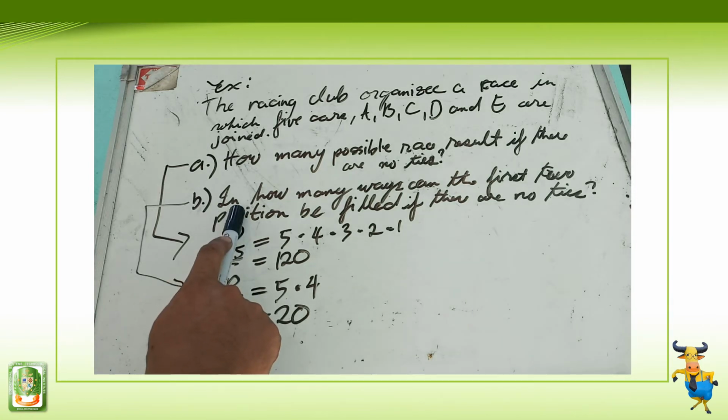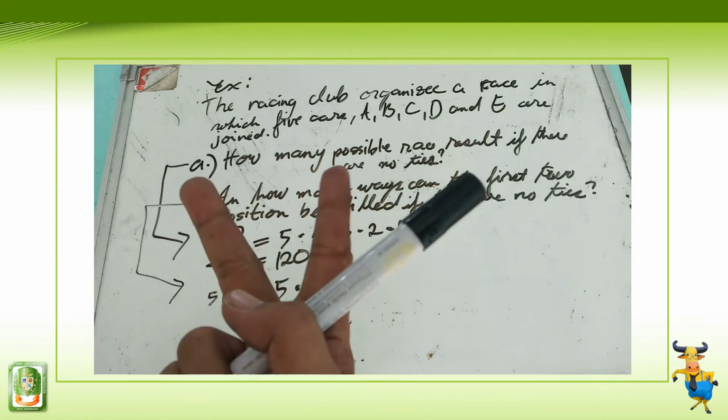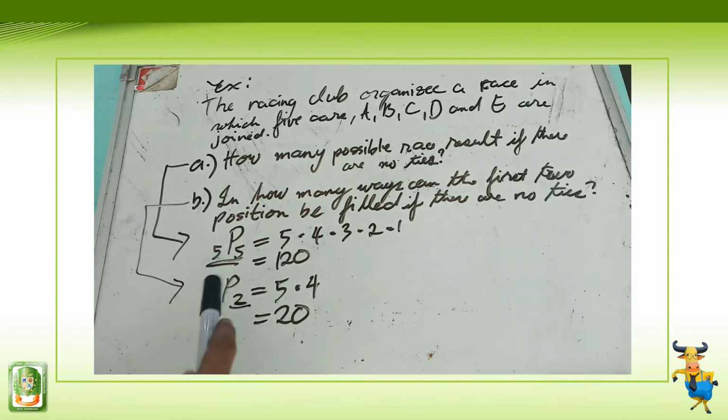In letter B, we used 5P2 to represent the number of permutations of 5 things when only 2 out of 5 things are taken. Okay? The number of permutations is equal to nPr, n things taken r at a time.